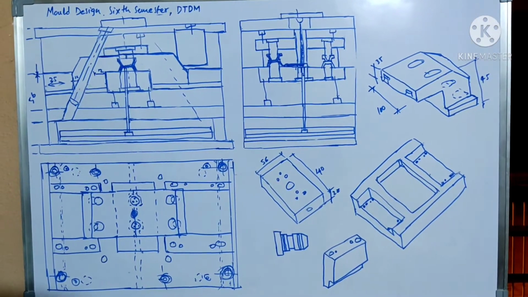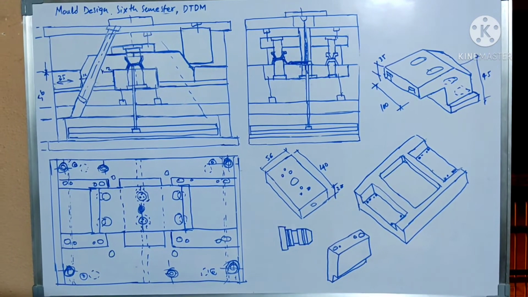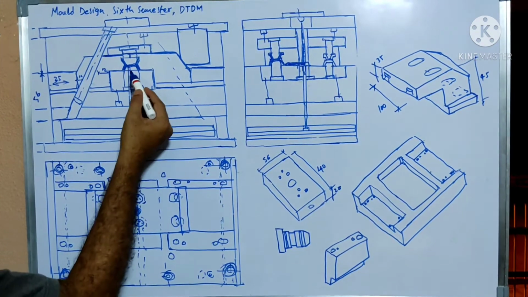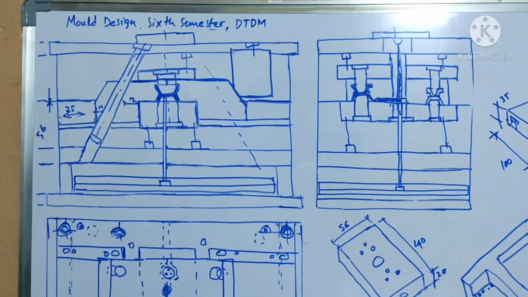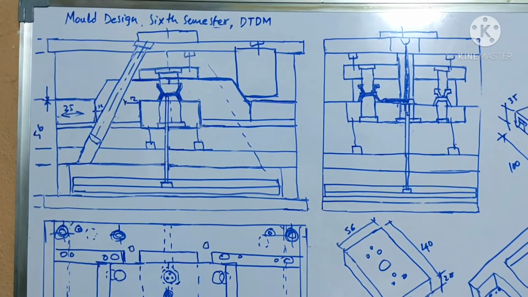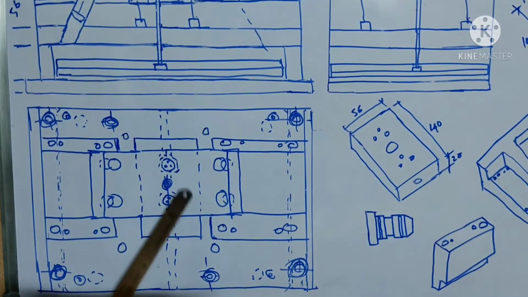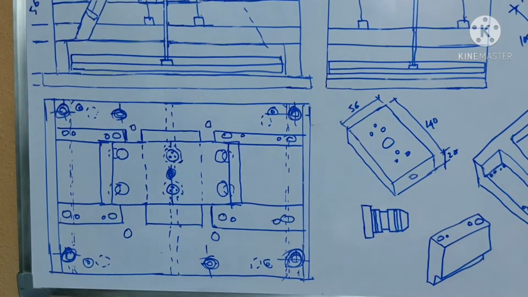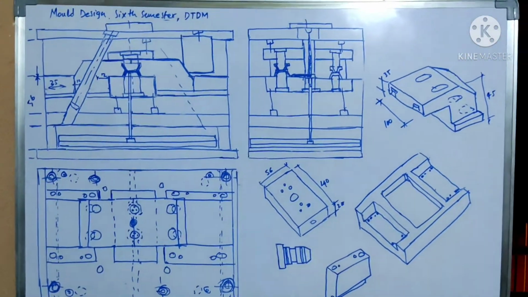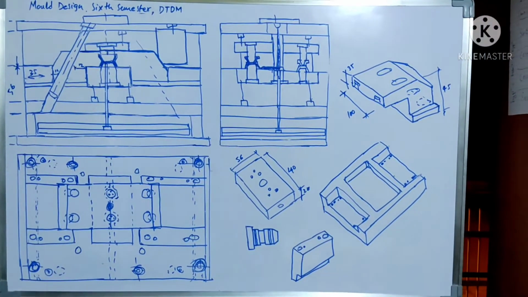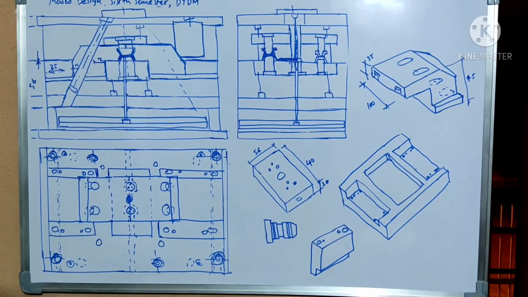Here pin ejection is used. You are observing the pin ejections here. Per component, 3 pin ejections are used, 1, 2, 3, on the PCD at 120 degrees, within the one ejector pin.